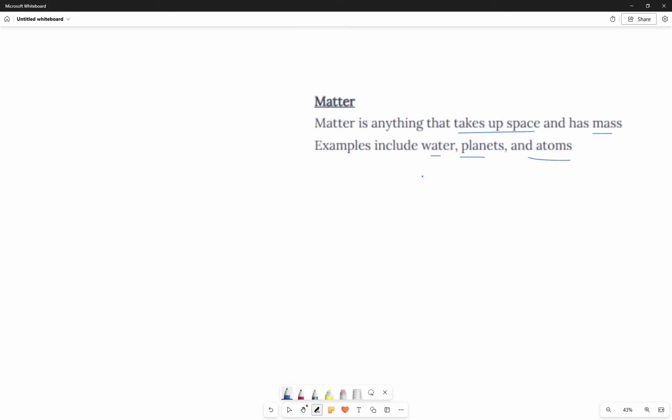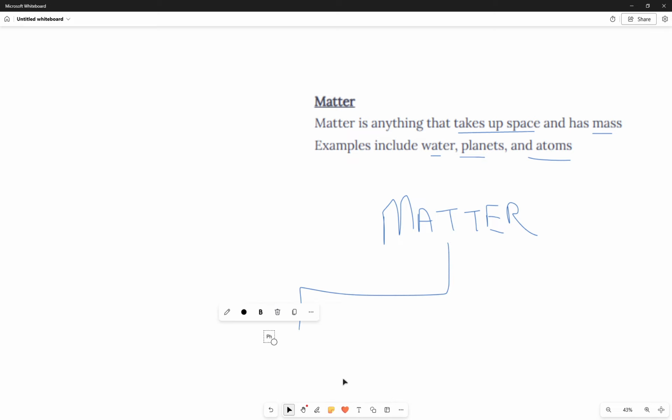Okay, now matter can be classified into two parts. So I have matter, which can either be classified as physical or it can be classified as chemical.